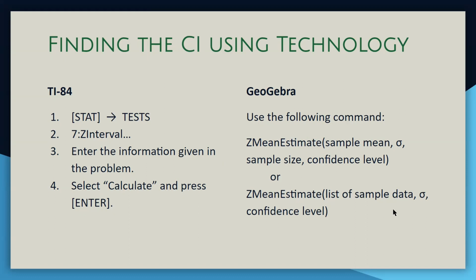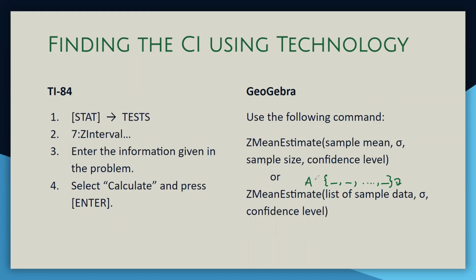A reminder that when you enter a list of data, curly brackets, and then number, comma, all the way down to your last number and then close the curly bracket. So that's what would go here for that list of data. You can also give that list a name.